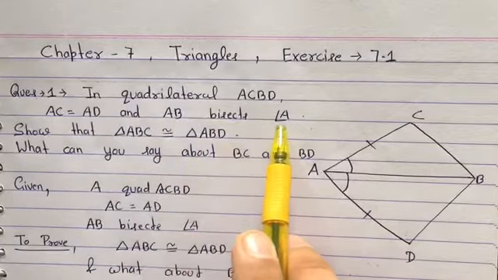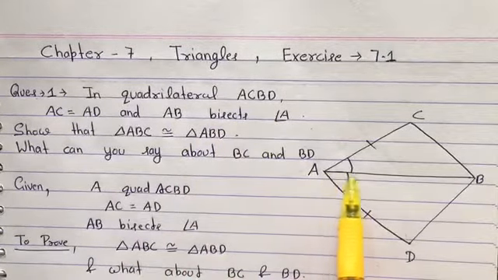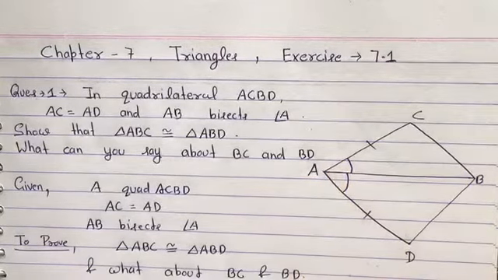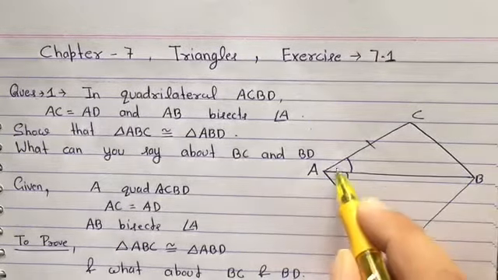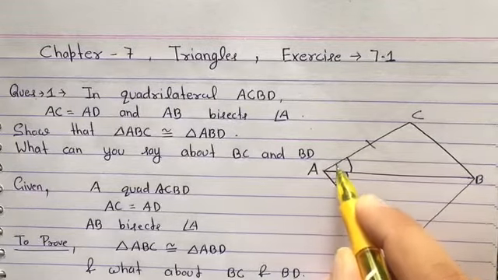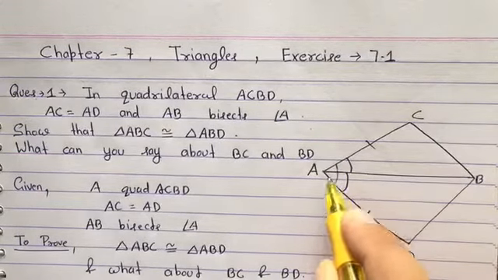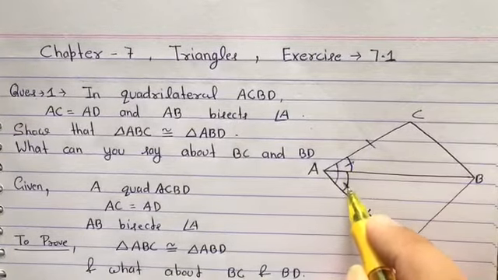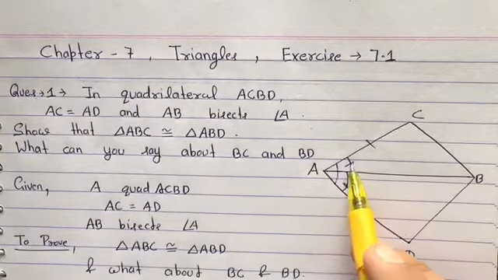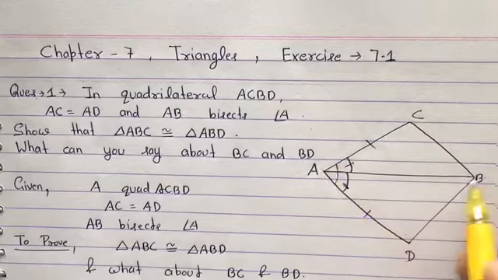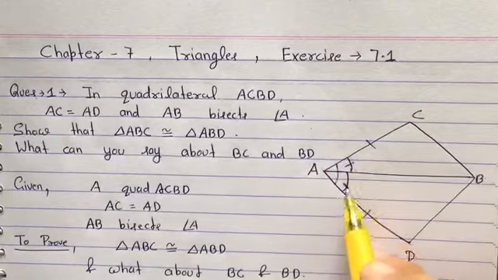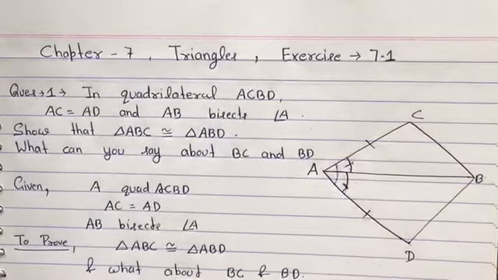AB bisects angle A. This line, the diagonal AB, bisects the whole angle A. This is the complete angle A from here to here. But this line AB bisects it, which means this angle is equal to this angle. The name of this angle is angle CAB and the name of this angle is angle DAB. Both angles are equal to each other.